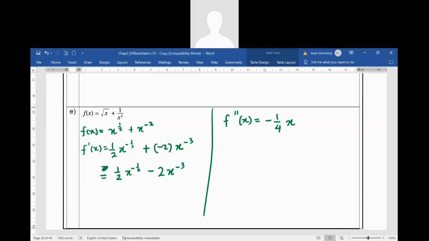Negative 1 over 2 minus 1 is negative 3 over 2. And negative 3 multiply negative 2 is positive 6 x. Negative 3 minus 1 is negative 4. So you should be getting this. Tidy up your answer, so write x 3 over 2 plus 6 over x power 4. This is our final answer.